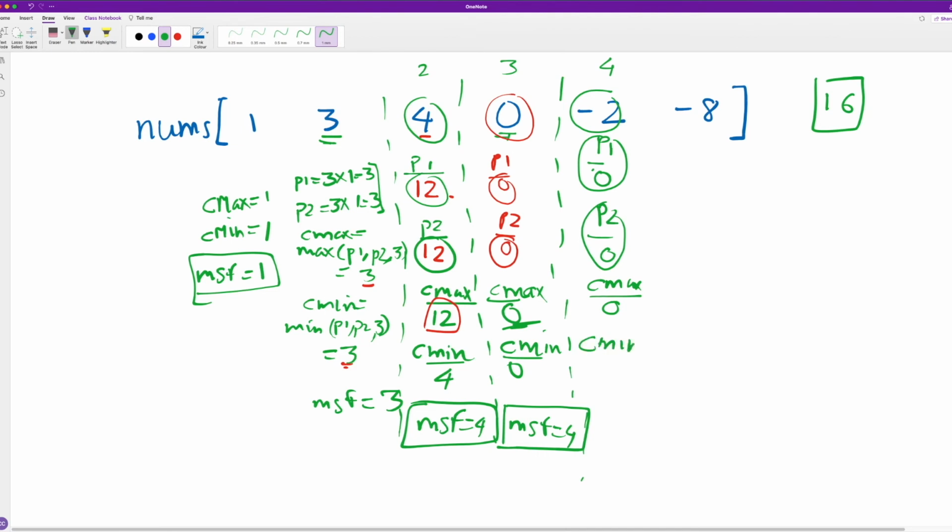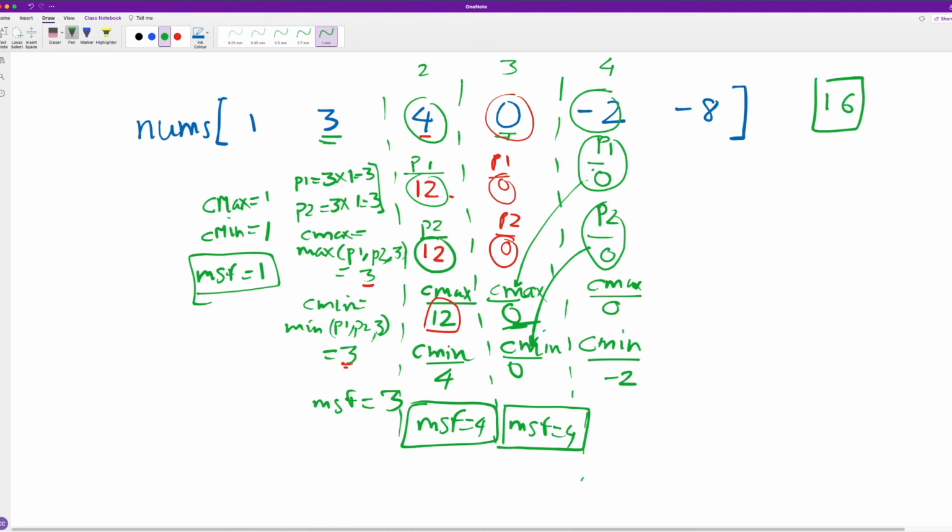But what about the minimum product subarray? If we had not taken this number, we would have got a 0 here, and then anything multiplied by 0 after that would have given us a 0. But what we're doing here is we're saying find me the minimum between the current number -2, 0 and 0. So the minimum of these three is -2, and that is what happens here now. So we retain this value -2.